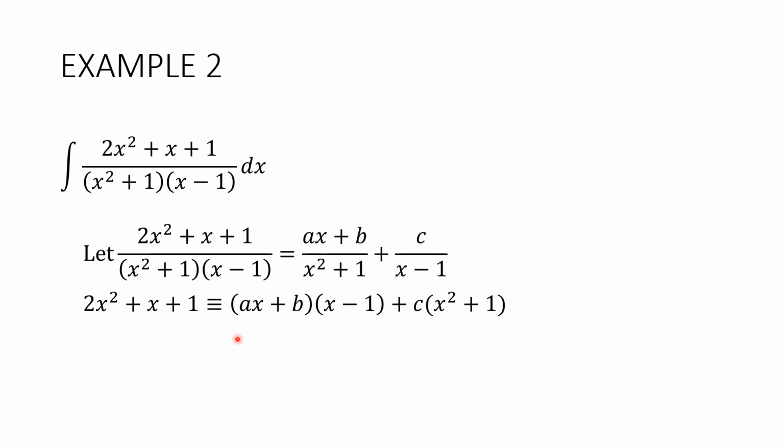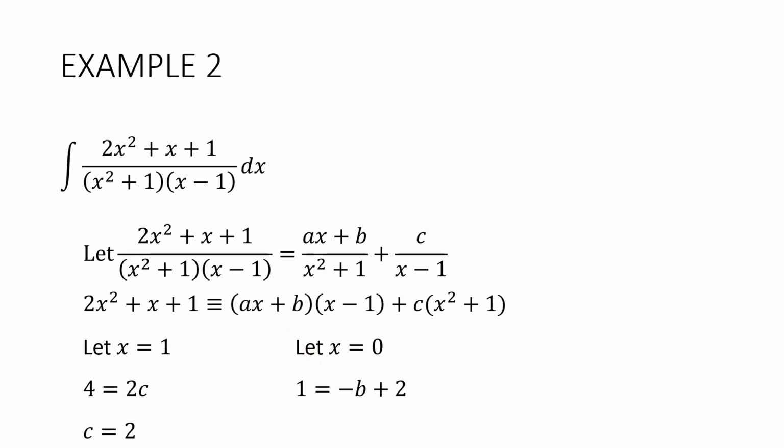Right, we're going to start by letting x equal 1. So that's going to wipe out all of this, and we'll be able to solve for c. So putting the 1 in there, we get 4 is equal to 2c, so c must equal 2. Next, we're going to let x equal 0, and wipe out this term here. We're going to do 1 is equal to negative b plus c, and c is 2.